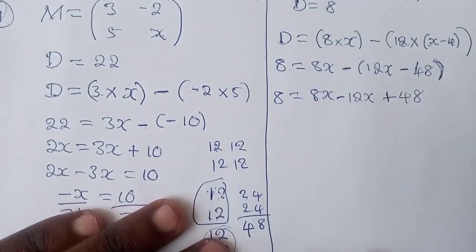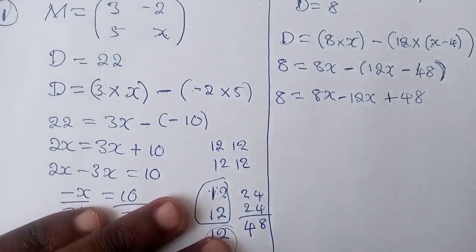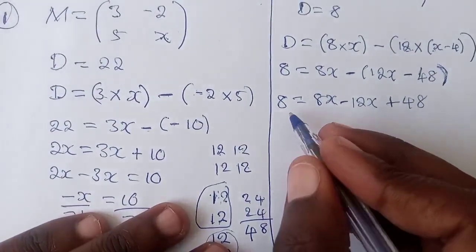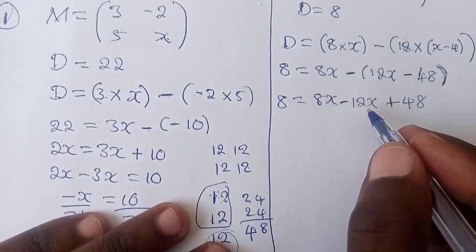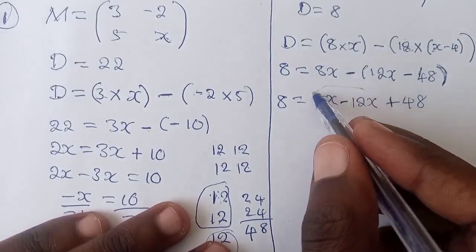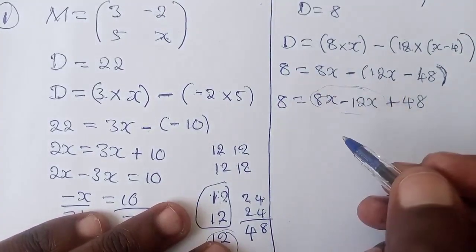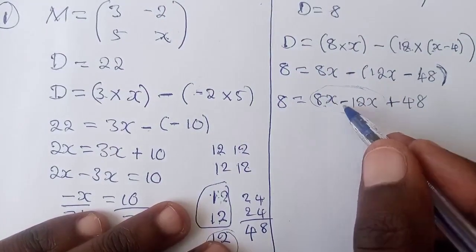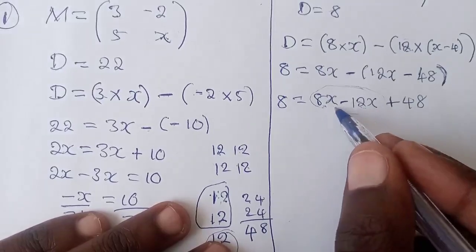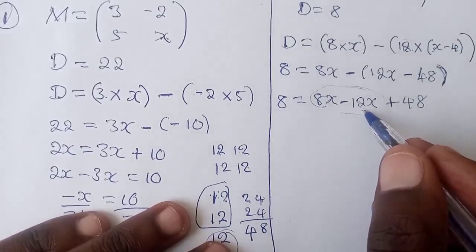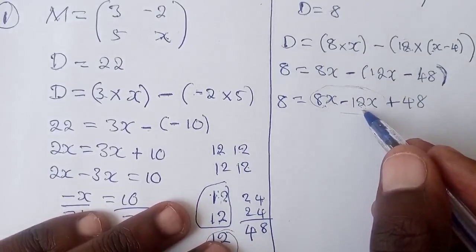Then this becomes an equation, and you start solving. These are the like terms here: 8 minus 12, that is negative 4x.